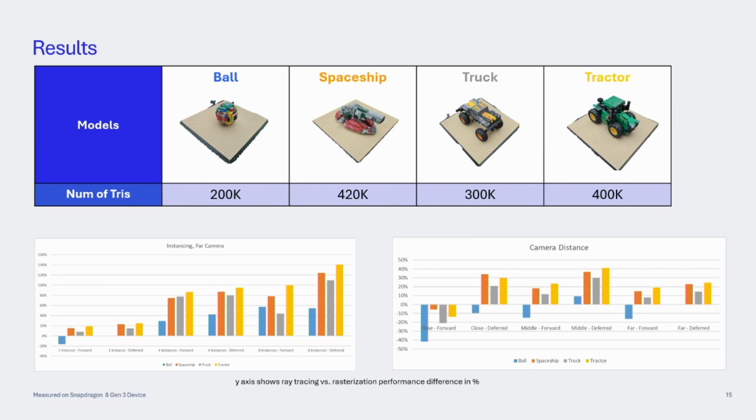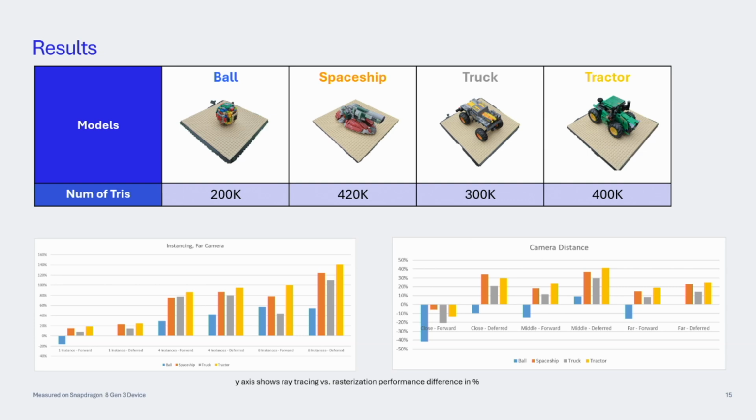Positive numbers here mean that's good, meaning ray tracing beats rasterization. And the x-axis is just different experiments. For each one of these, we compared single-pass ray tracing with forward rendering and two-pass ray tracing with deferred rendering. And then each bar is one of these models.